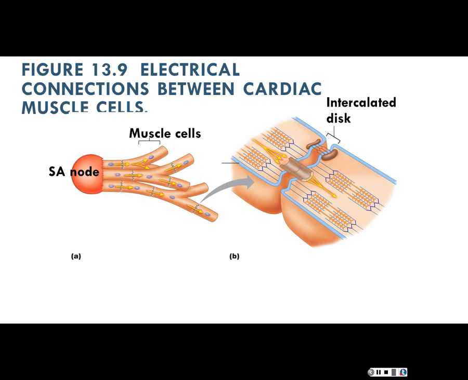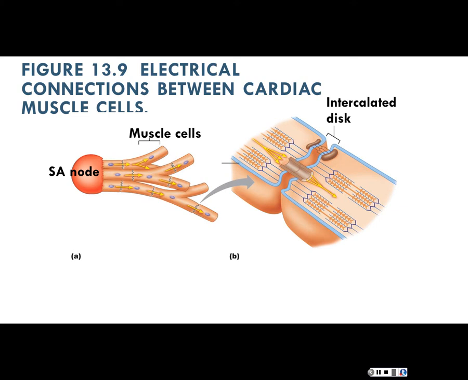Between each cell is a specialized junction called an intercalated disc. Inter means what? Between, right? So intercalated, cross, right? Intercalated disc is the name of the junction between heart muscle cells. At the intercalated disc, there are two primary types of membrane junctions, which we became familiar with in chapter 2 maybe, or somewhere around there.